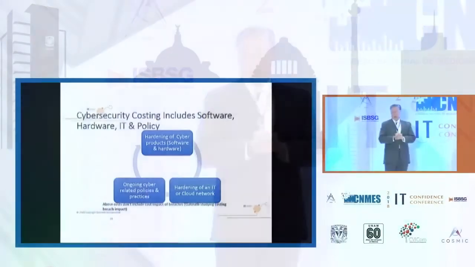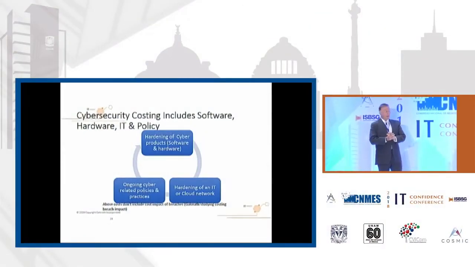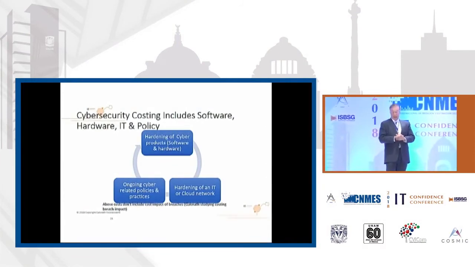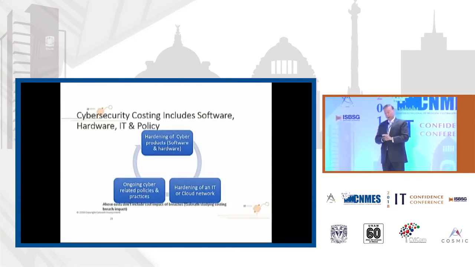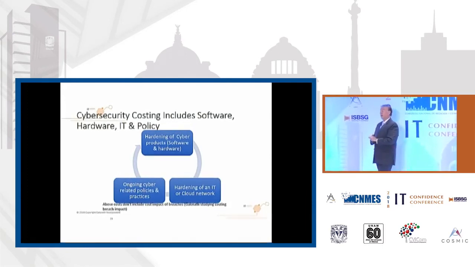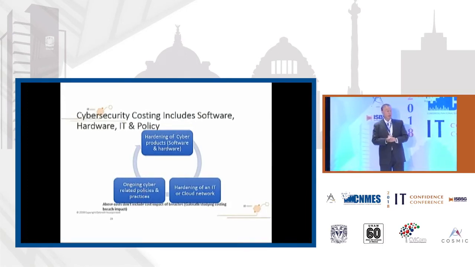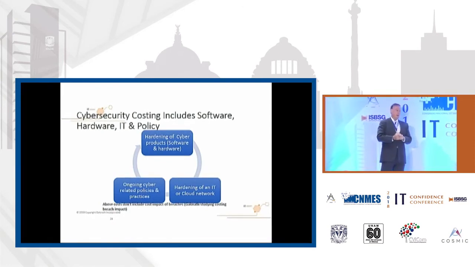Cybersecurity. Three basic things in cybersecurity. If you're worried about, and I assume some of you are banks and insurance companies and other government organizations, there are three different dimensions. First is hardening of the cyber products. That is, making the software secure and the hardware secure. The more you can do with hardware, the better off you are.